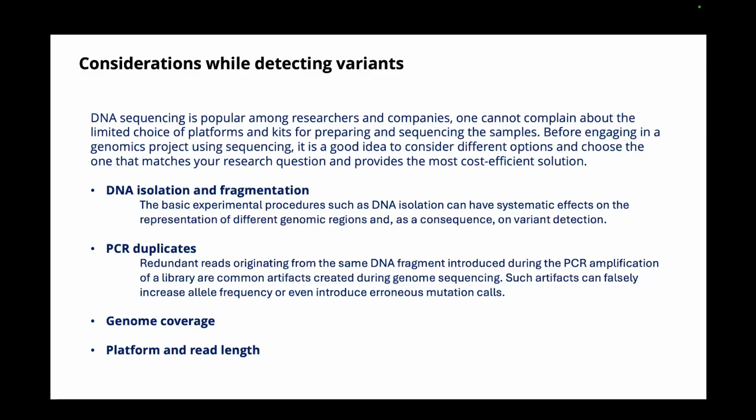So if you have more reads supporting that particular variant, the better. So increasing your coverage is a good idea if you want to have good variant detection, good evidence of detection.